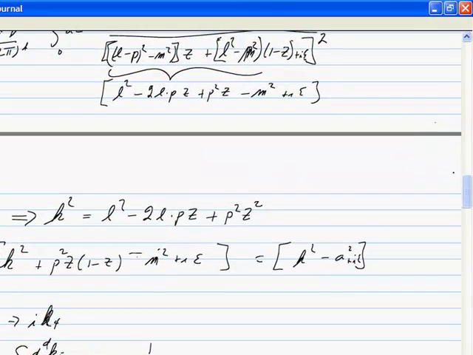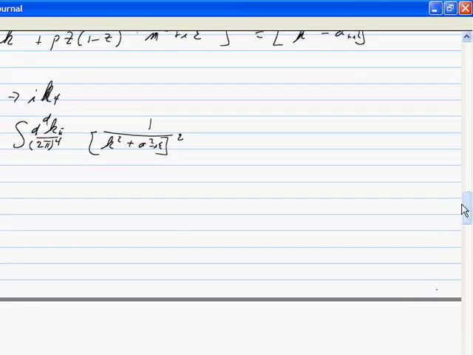Okay, so all those things have nothing to do with d dimensions, and that was 2 pi to the d. So that has nothing to do with d dimensions.